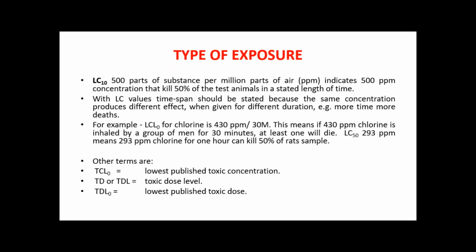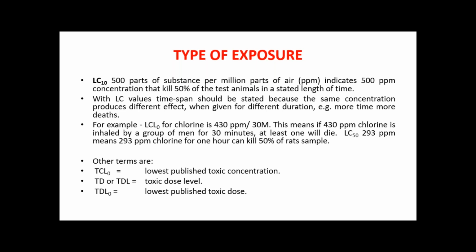These are different examples of different chemicals and their characteristics, like chlorine gases, chlorine solids and chlorine liquids. There are different values of LC50, LD50, LC0, LC10 and so on.